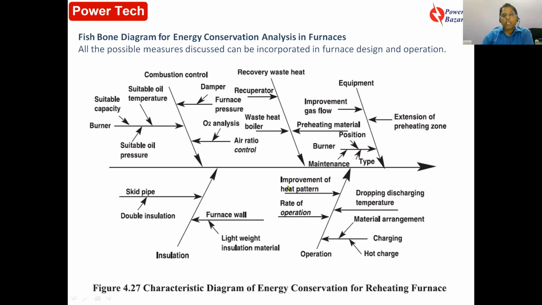Now operation: improved heat pattern, good loading, rate of operation, dropping of charging and discharging temperature, material arrangement, charging, hot charge operation. So these are operational ways by which you can save energy. Now, since this looks like a fishbone, these options are also called the fishbone diagram.